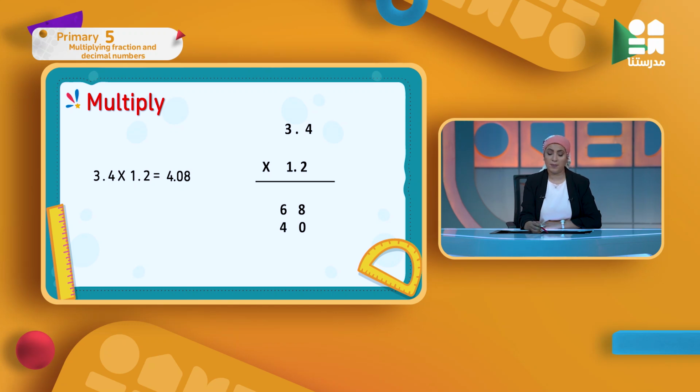Then I will multiply it by the 3. 1 times 3 is 3. Then the answer will be 340. I will add the two numbers together. 8 plus 0 is 8. Then 6 plus 4 is 10. Write down the 0 and carry up the 1 on top of the 3. After that, I will add the 1 to the 3. It gives me 4. Okay?